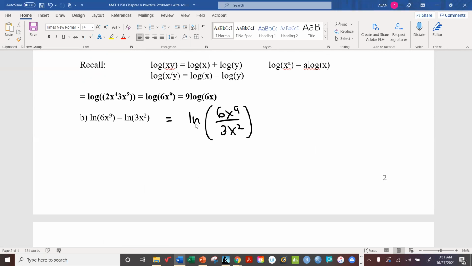Now, once we get it to this point, we can often simplify it. 6 over 3 is clearly 2. X to the 9 over x squared is x to the 7. Okay.